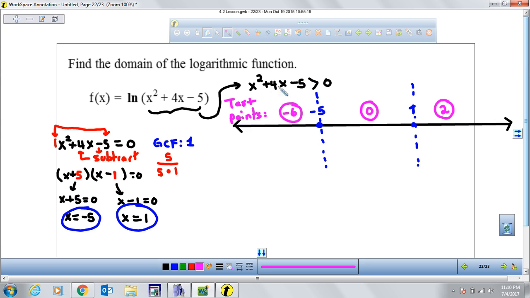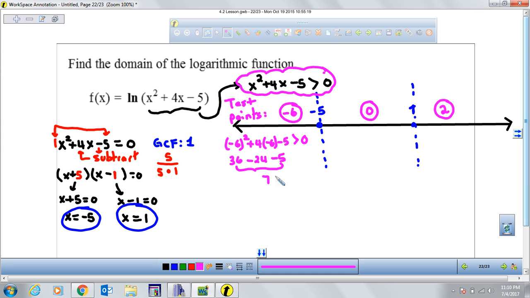So we're going to substitute them into the original inequality, which is this one up here. Okay, so x, which is -6, squared plus 4 times x, which is -6, minus 5, has to be greater than 0. -6 squared is 36. 4 times -6 is -24, minus 5. 36 minus 24 is 12, minus 5.